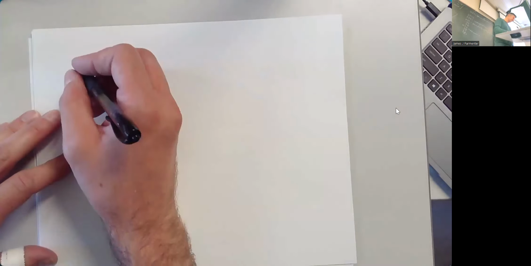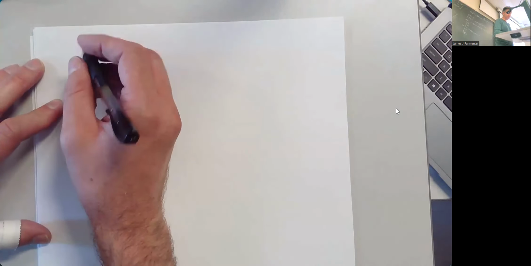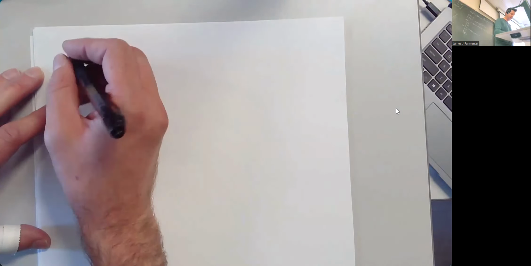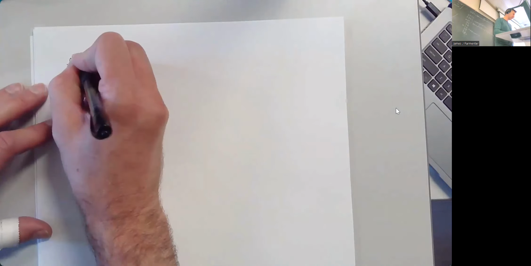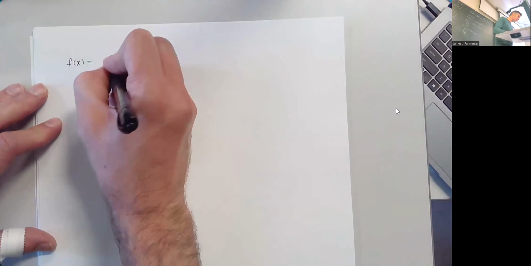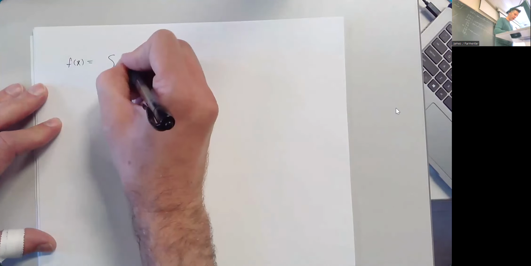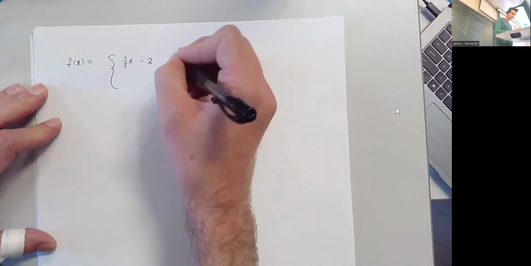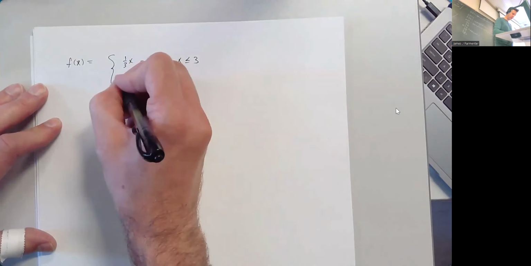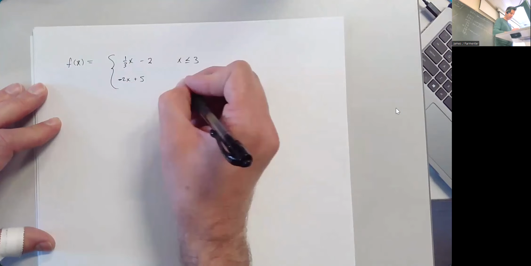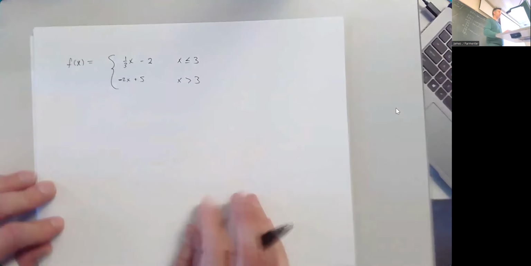I think someone asked me this question from problem 57 in section 1.5. Let's look at this function. f of x equal to 1/3 x minus 2 when x is less than or equal to 3, and negative 2x plus 5 when x is greater than 3.